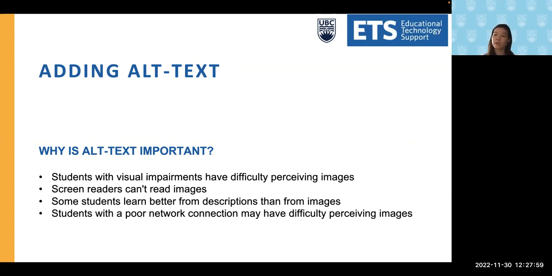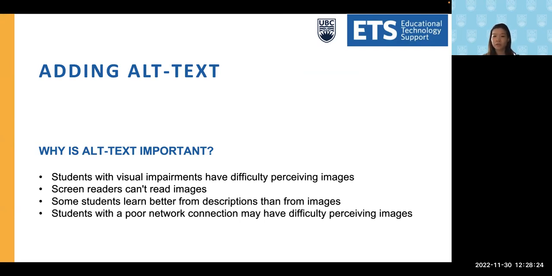So for students with visual impairments, they will have difficulty perceiving the message from the image if there is no image description to explain the content of the image. And it is also crucial for their learning because screen readers actually can't read images. And for all students, text descriptions can provide a deeper context to aid their comprehension.